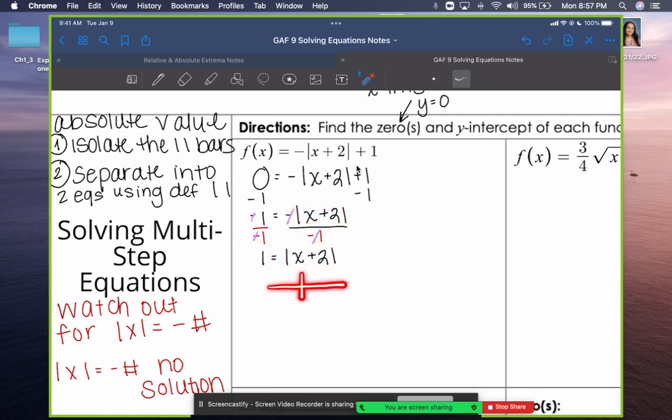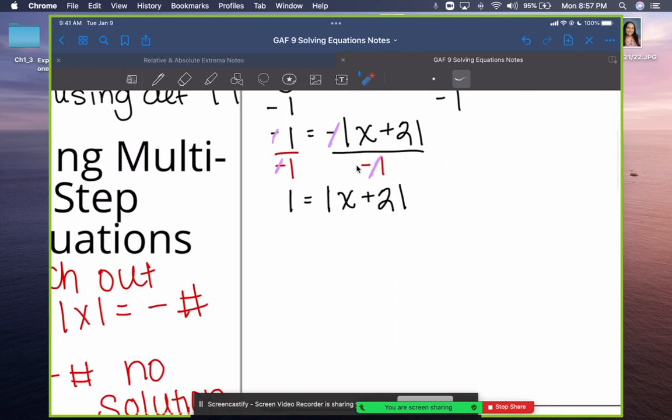So if we had a number line, we are 1 unit away from 0. Also, by definition, anything that is in the absolute value bars is always going to result in positive, which is why, if you remember, we watch out for the absolute value not equaling a negative number, because that would be no solution. The absolute value always has to end in a positive value.